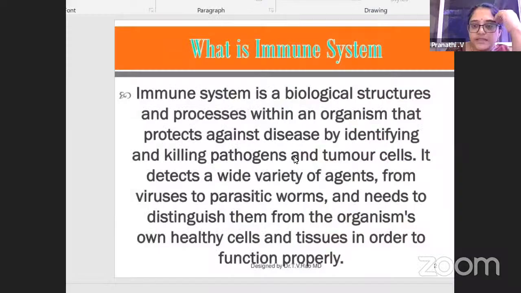It is also by infection. So natural is passive and active. Artificial is your vaccine, for example.